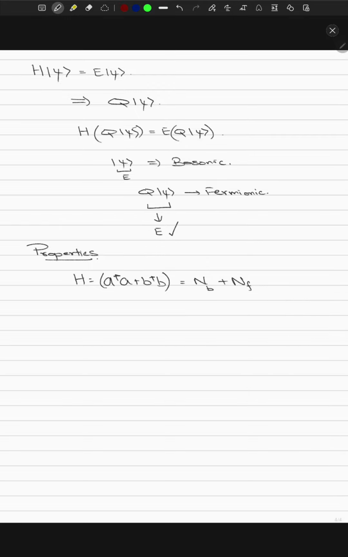So this gives you the number of bosons and the number of fermions. If you take their sum, it will always be greater than or at least equal to 0, right? What this essentially means is that the energy of the supersymmetric harmonic oscillator, or a supersymmetric system, would always be greater than or equal to 0.